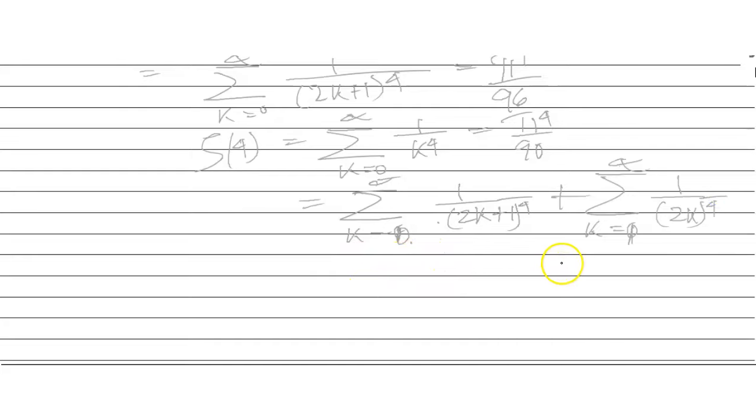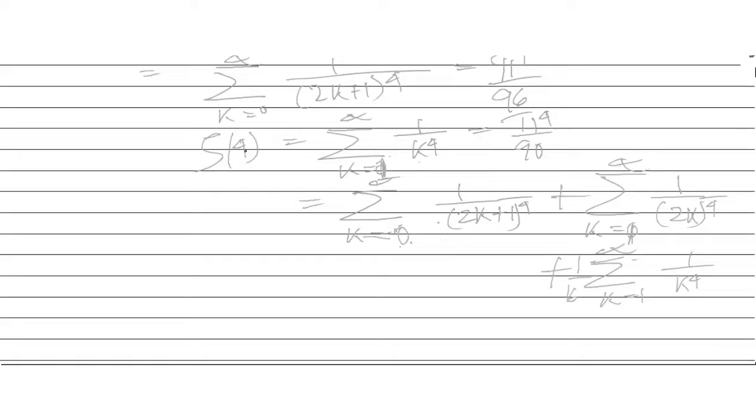So (2k) whole to the power 4 can be written this way: k equals to 1 to infinity, 1 by 2k whole to the power 4, and it can be written as k equals to 1 to infinity 1 by 16 times 1 by k to the power 4. This value is zeta and this value is zeta.